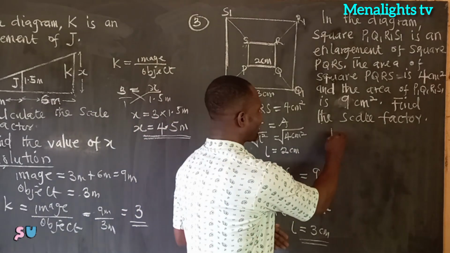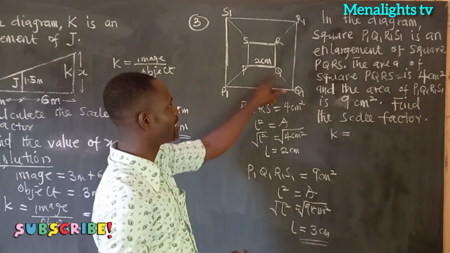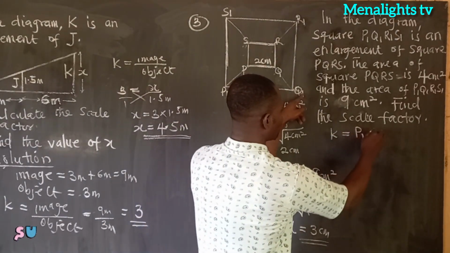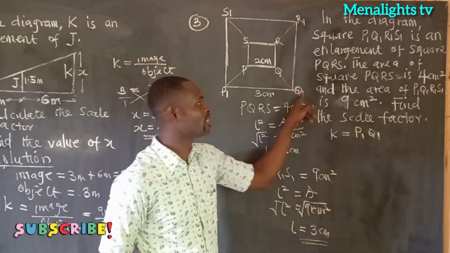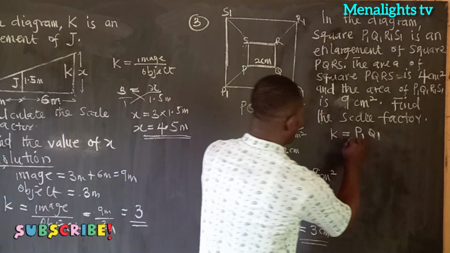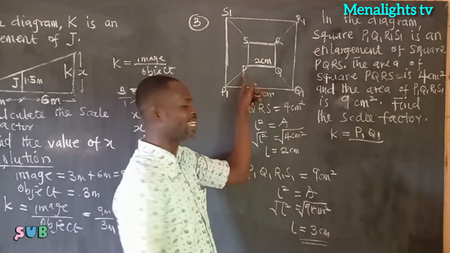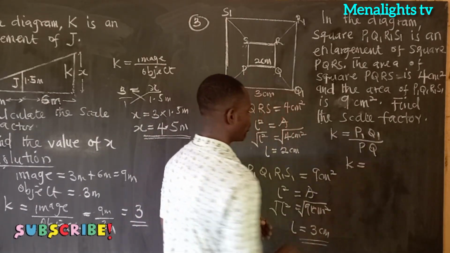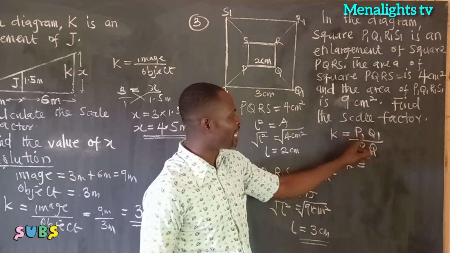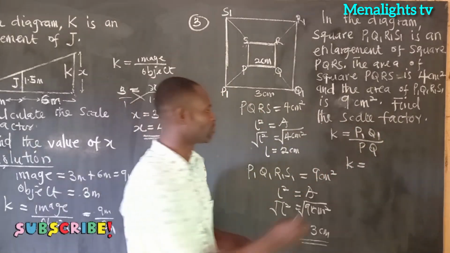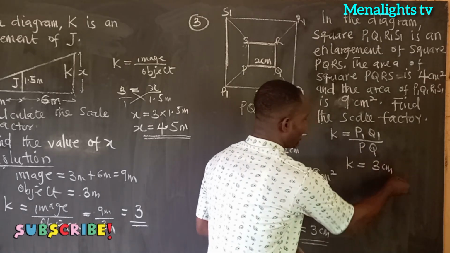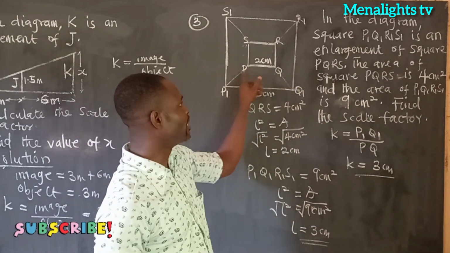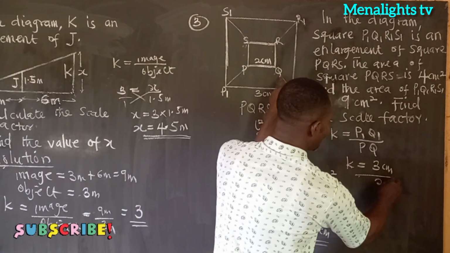So the scale factor K is equal to, now let's use this distance. The image distance here is P1, Q1, and my object distance, I'll use P, Q. So our scale factor K is equal to the image distance P1, Q1, which is 3 centimeters, over the object distance PQ, which is 2 centimeters.